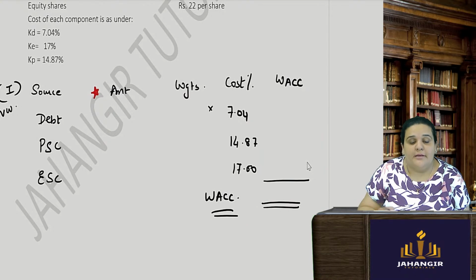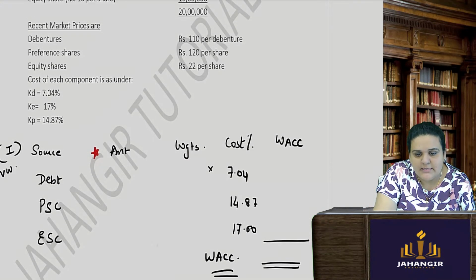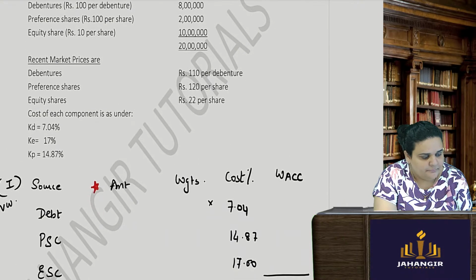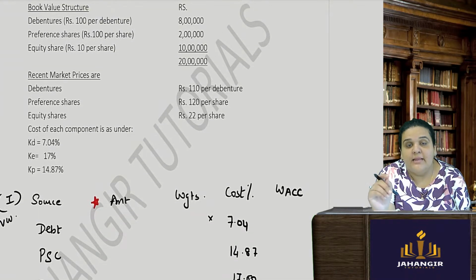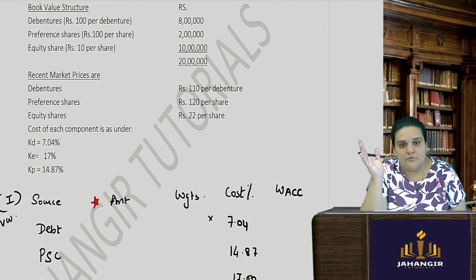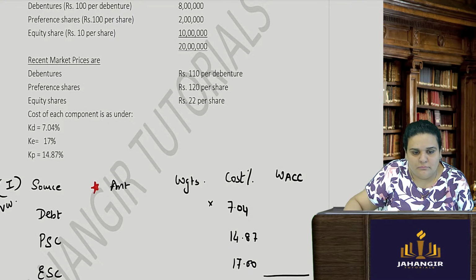In order to use market value, I'll have to write the amount also as per market value. So for debentures, it is 110 per share. How many such debentures am I having? They are telling me 8 lakh of debentures of rupees 100 each. So I am having 8,000 debentures. So for debentures, it will become 8,000 into 110.